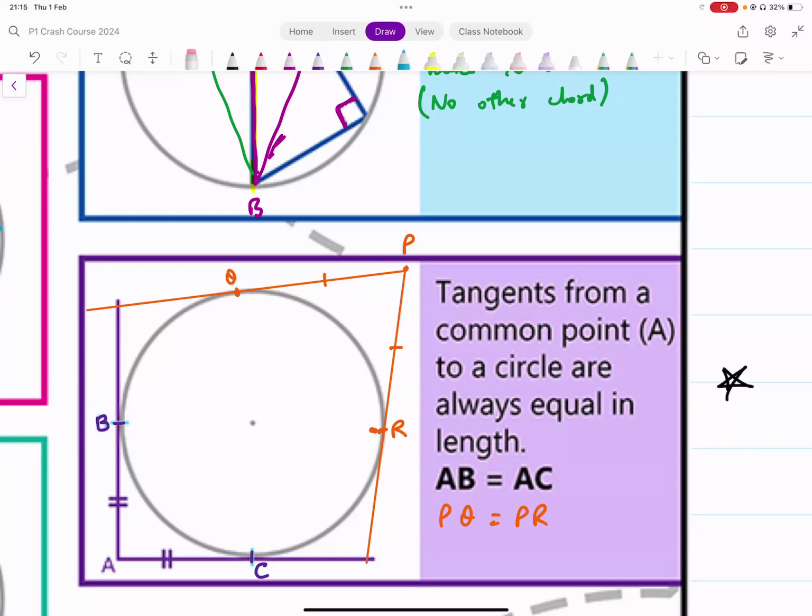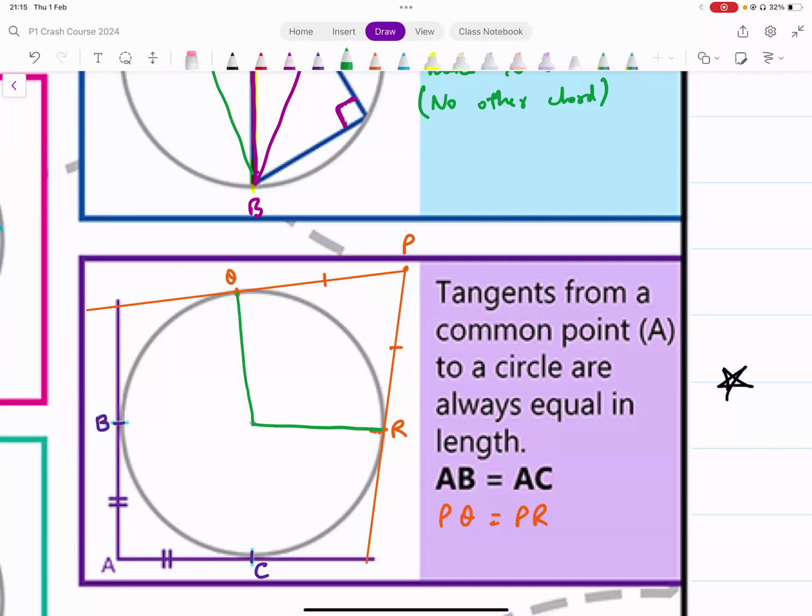Whenever you have a shape like this, where you have a point outside the circle, and from that point you have two tangents coming, the first thing you're always going to do, to help with your calculations, is join these points with the center like this.